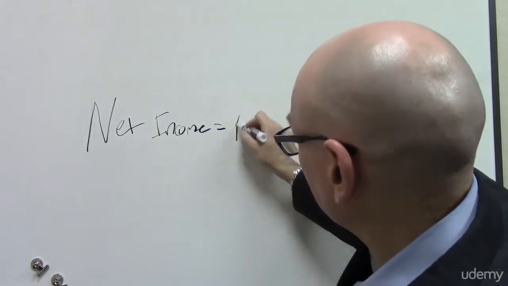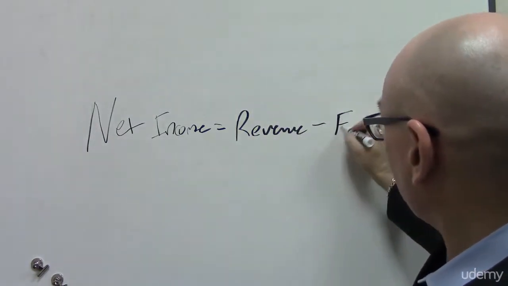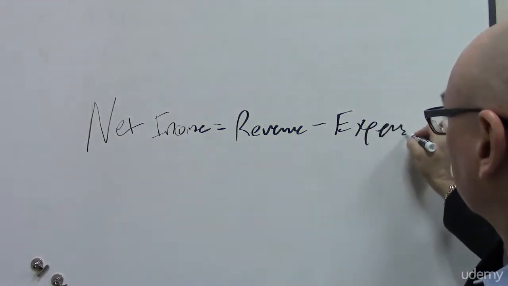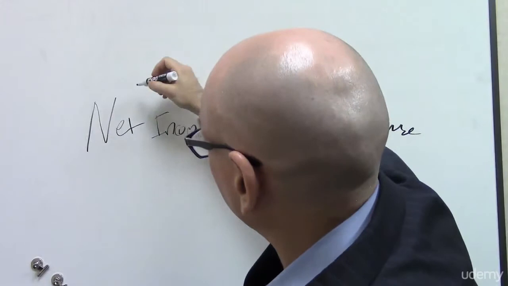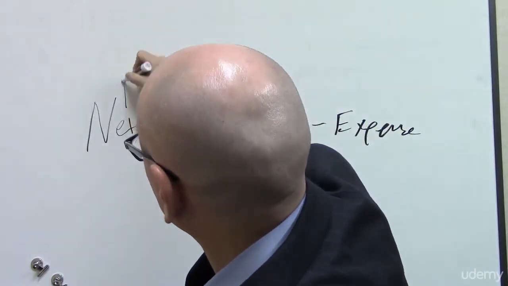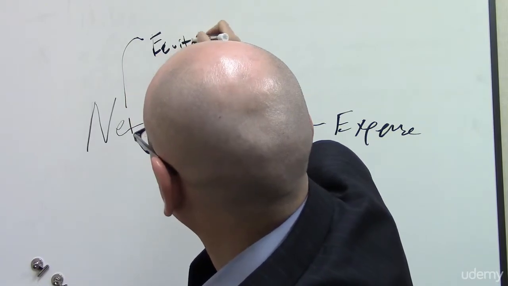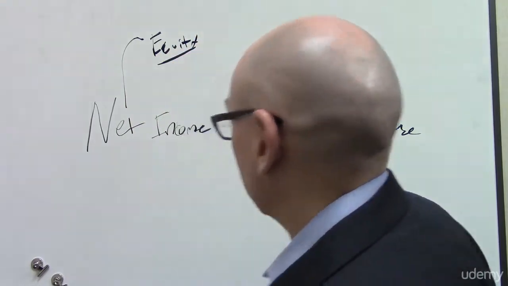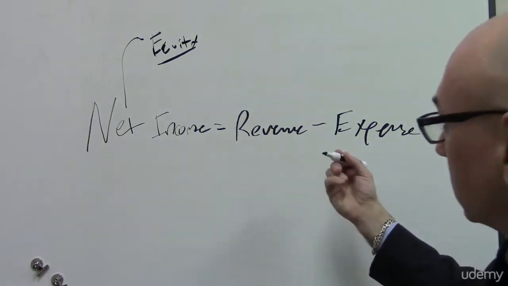Net income equals revenue minus expense. Net income goes into equity on the balance sheet.